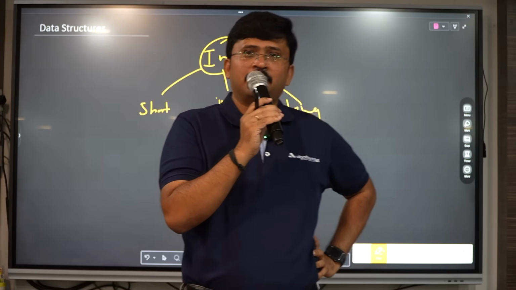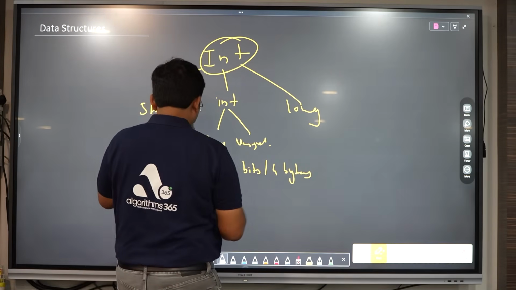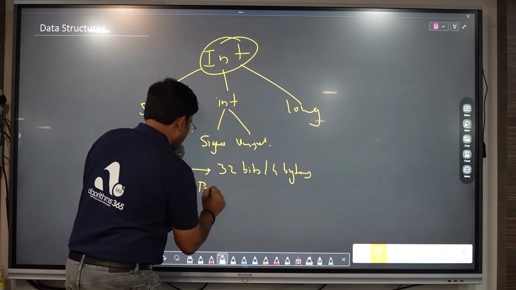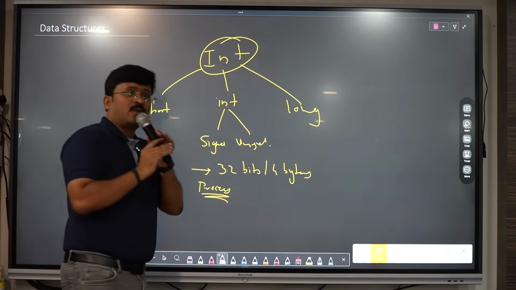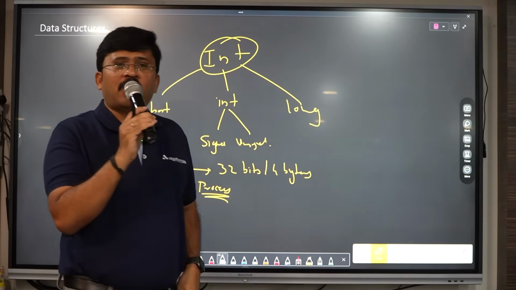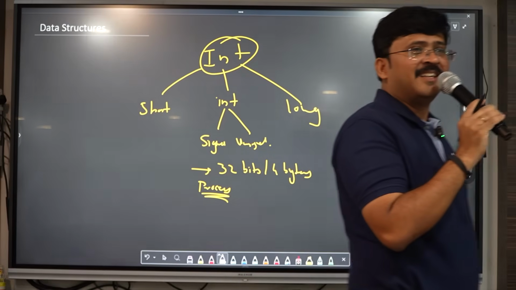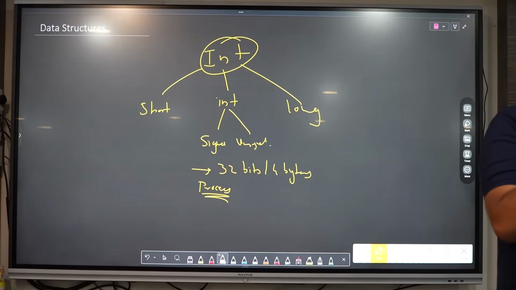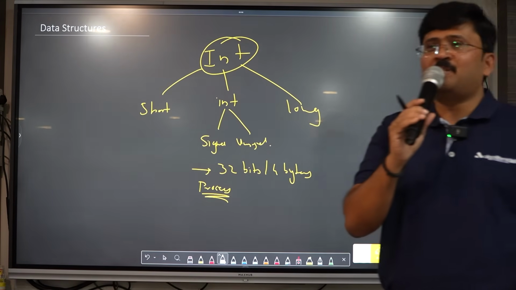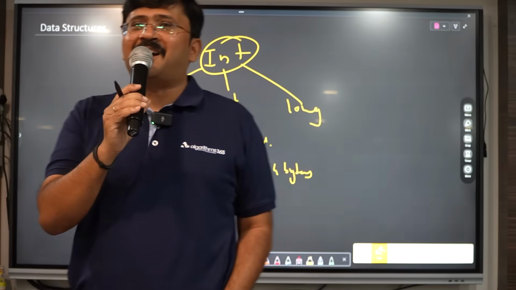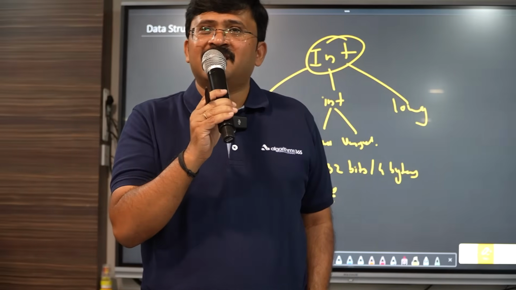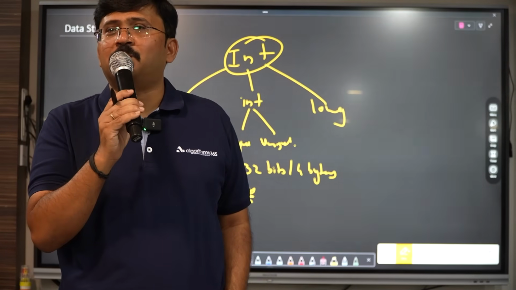Very good. Processor. Super. So it's the processor. So when you bought your laptop, did the seller ask you, do you want 64-bit or 32-bit? See, these days 64-bit became so common that they don't ask you anymore. But earlier they used to ask, do you want 32-bit processor or 64-bit processor?